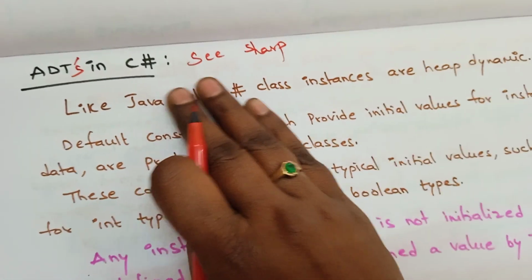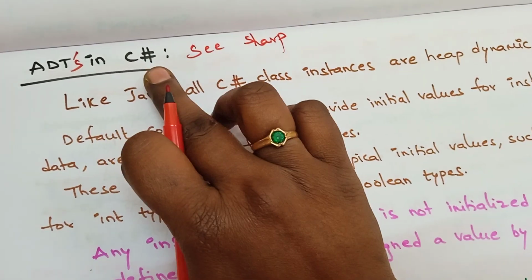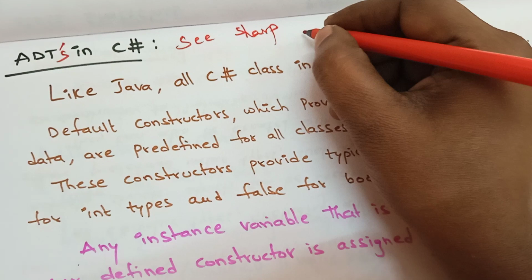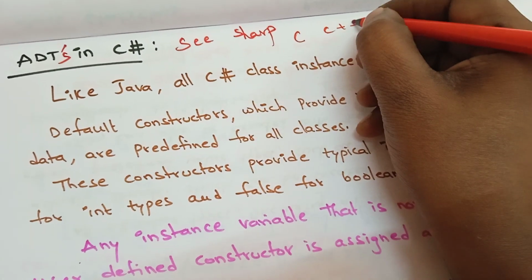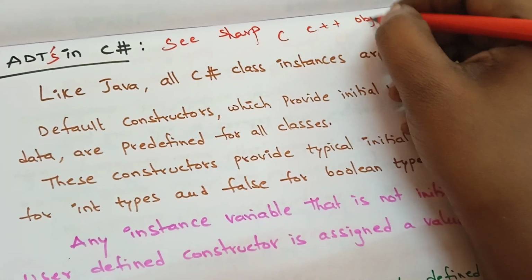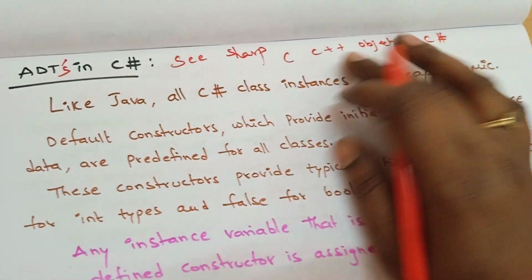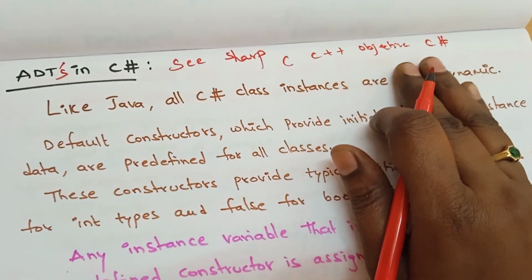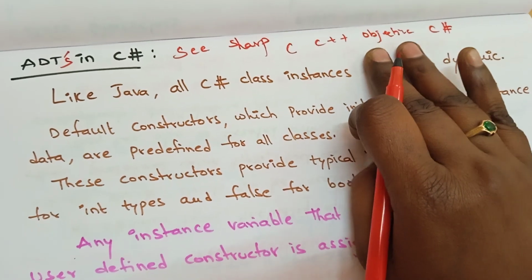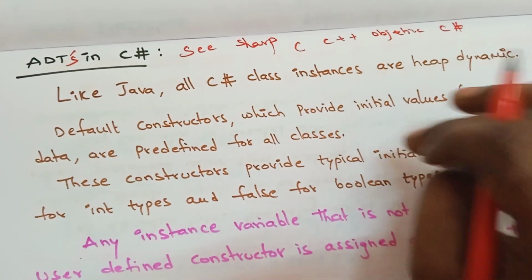C sharp is a programming language and it belongs to the C family, and C++, Objective-C and C sharp, correct? These are the C family languages that we heard about during this fourth unit.